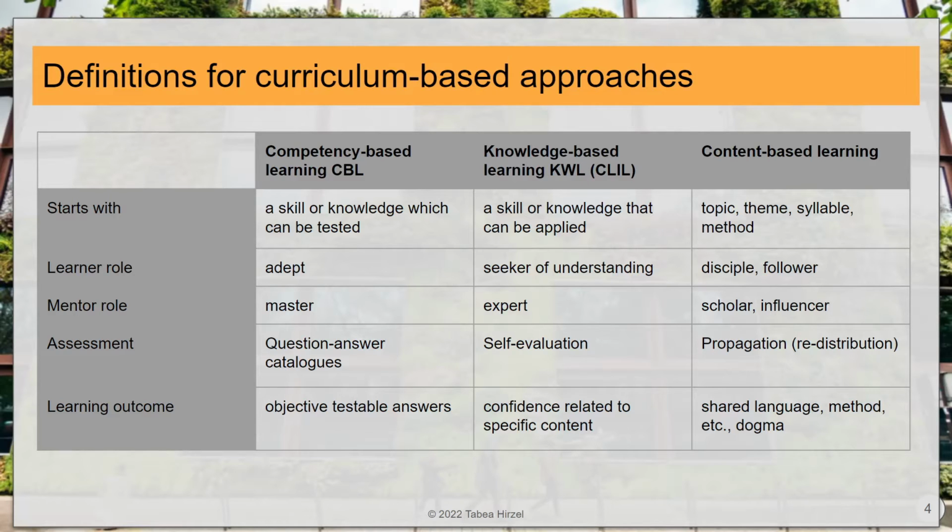This is all this very, very classical way of approaching education in the last 2 centuries. The outcome is a shared language, a method, or a dogma. Yeah, churches are also working like that. They are probably the inventors of this kind of education.